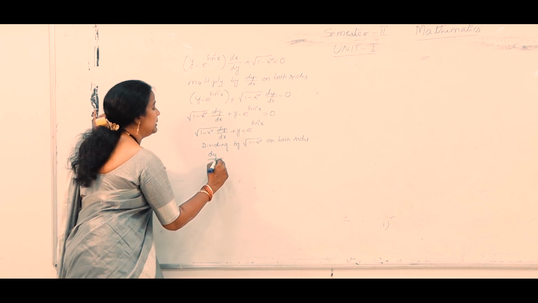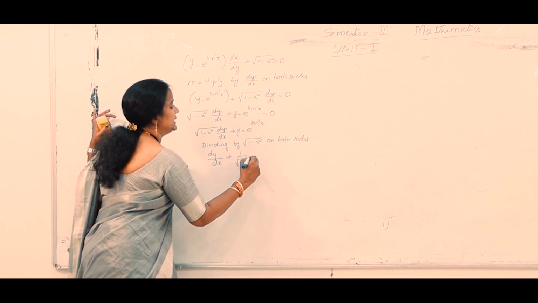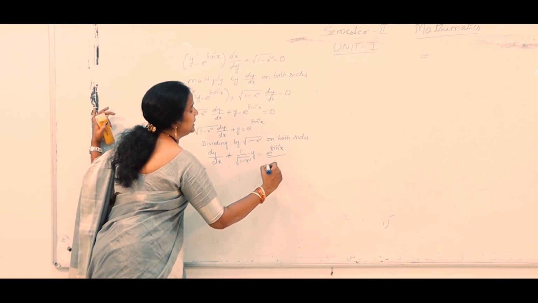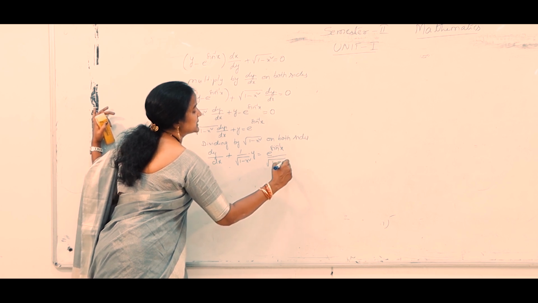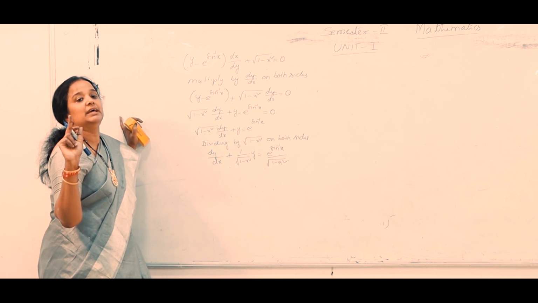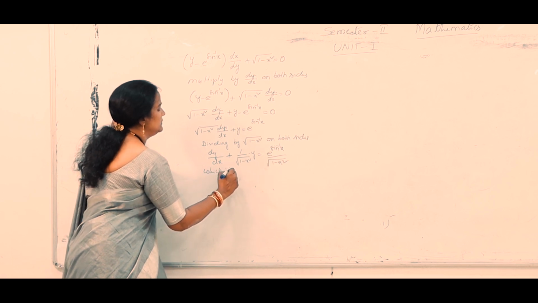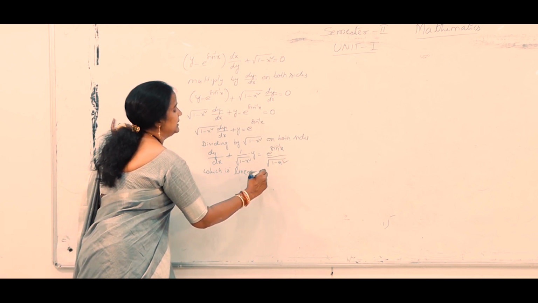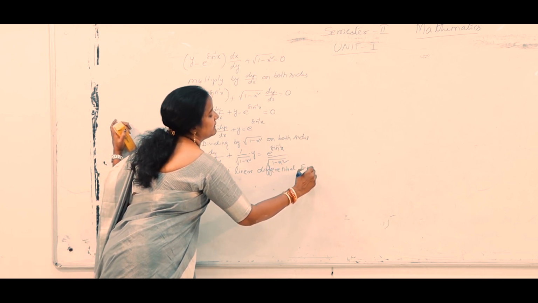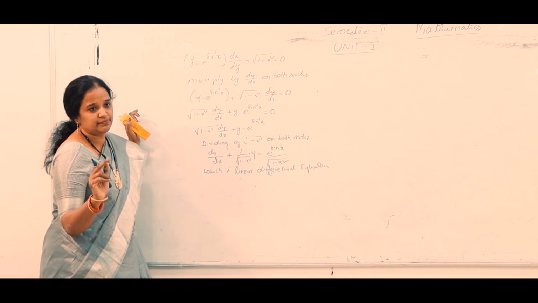Here only dy by dx plus 1 by root of 1 minus x square into y is equal to e power sin inverse x by root of 1 minus x square, which is the actual form of a linear differential equation.